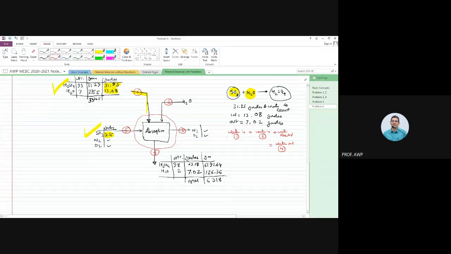Water coming in from stream 1 is 13.08 gram moles. Water coming in from stream 2, I don't know that, so let's put that as X. Water reacted, 31.25 gram moles. Water goes out, 7.02.